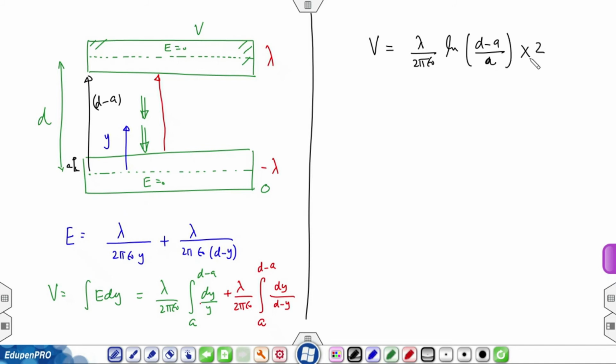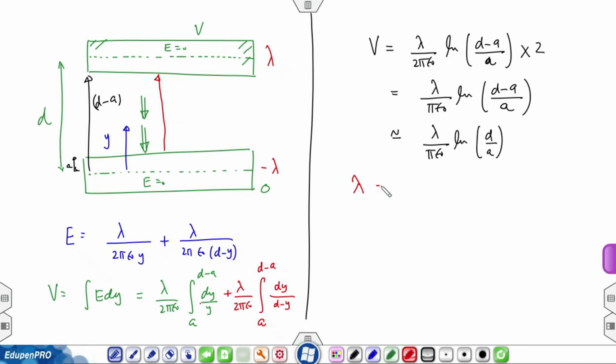Both the integrals give me the same answer, which is equal to lambda over pi epsilon 0 log of (d minus a) by a, which I can approximately write, neglecting a in comparison to d, as lambda over pi epsilon 0 log of d over a. And this gives me lambda in terms of V, which is equal to pi epsilon 0 V over log of d over a.